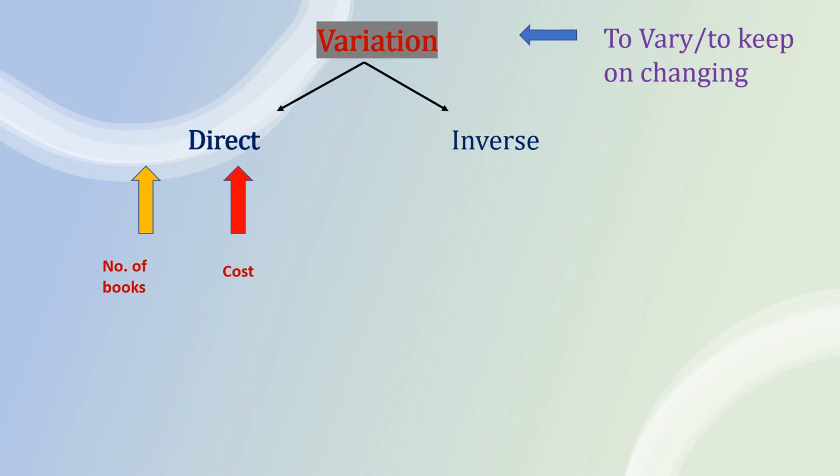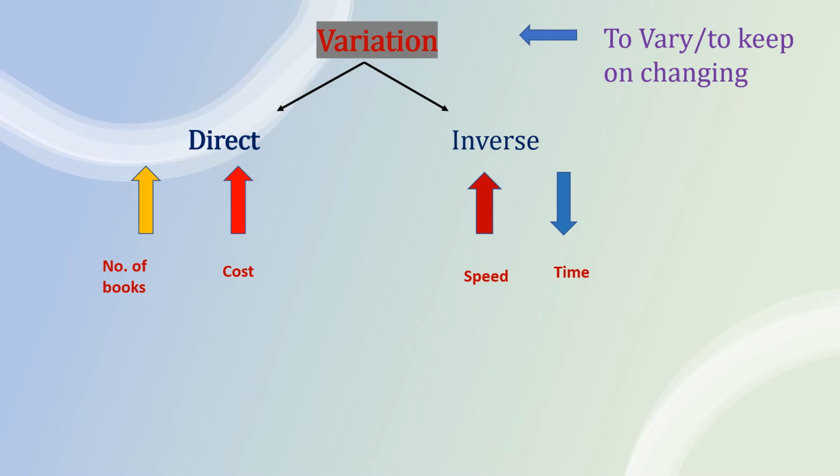Now we'll see comparison between these quantities. And in inverse variation, one arrow is upward and one arrow is downward. That is, one increases, the other will decrease. And I've taken one quantity as speed and the other quantity as time.